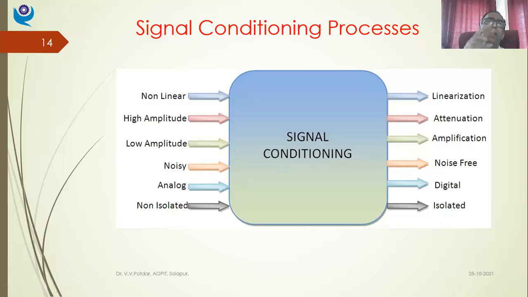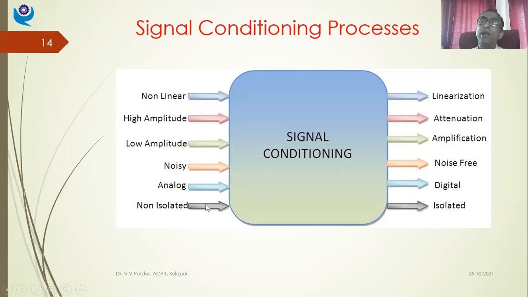But if the motor used for speed control runs on an analog signal, even if my photoelectric pickup or the encoder gives me digital output, I will not be able to use that digital signal to run my motor, which runs on an analog signal. So in that case, just as we use an analog to digital converter, we will also have to use a digital to analog converter, converting the digital signal into an analog signal.